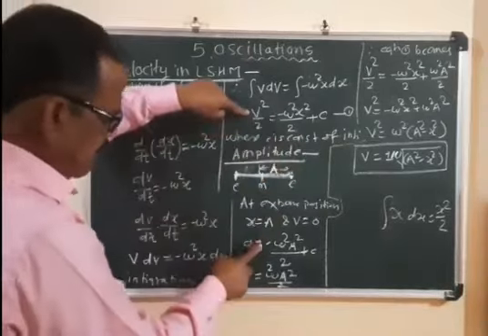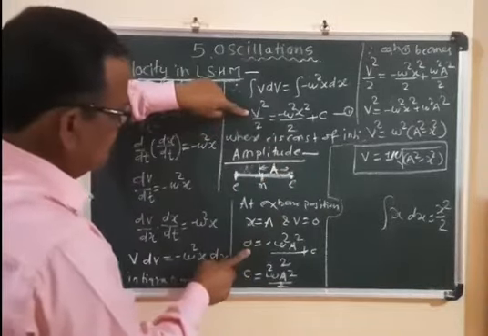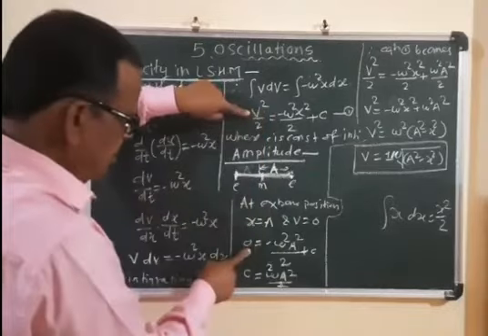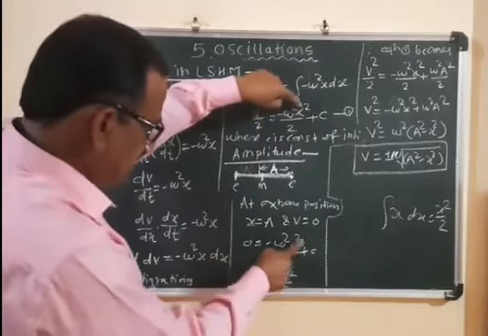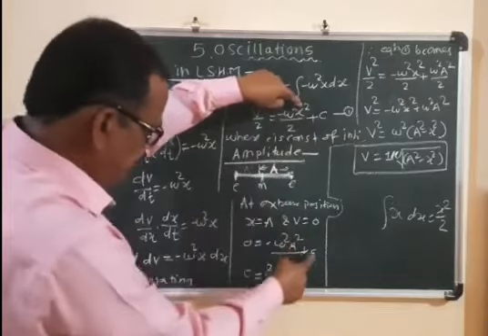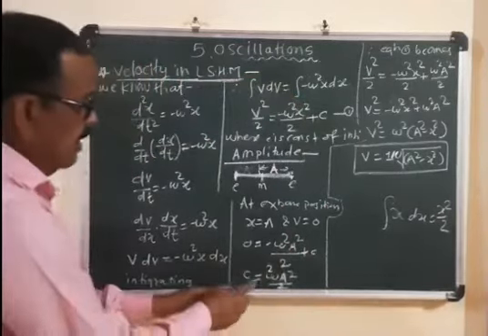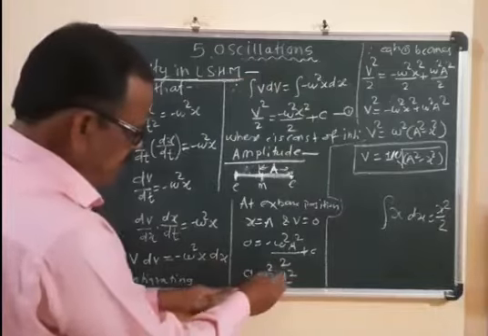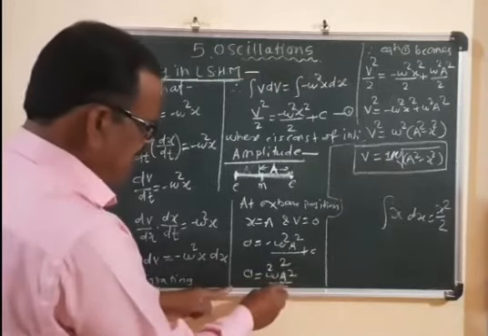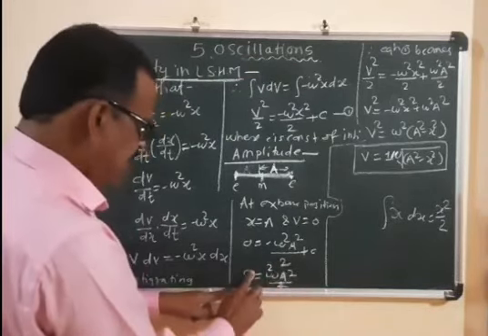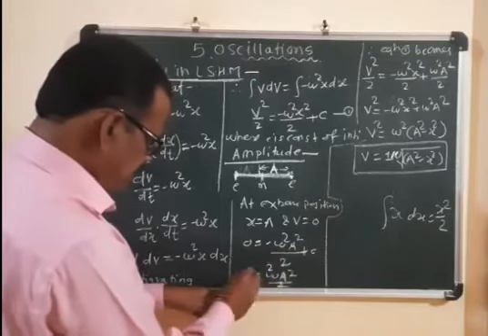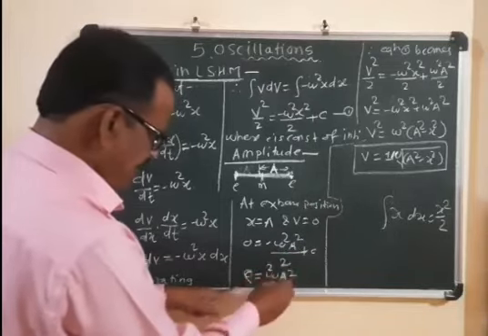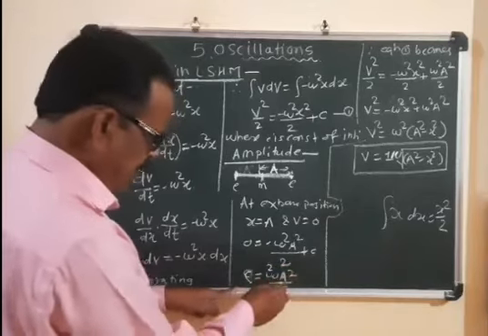Therefore, 0 = -omega square a square divided by 2 plus c. Therefore, c = omega square a square divided by 2, obtained directly from this equation.